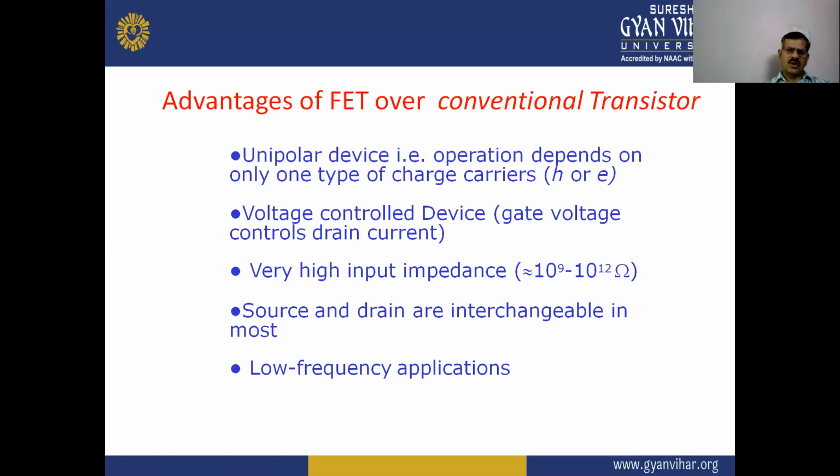FET has a very high input impedance of 10 to the power 9 to 10 to the power 12 ohm. This is the input impedance value of the FET, that is very high.